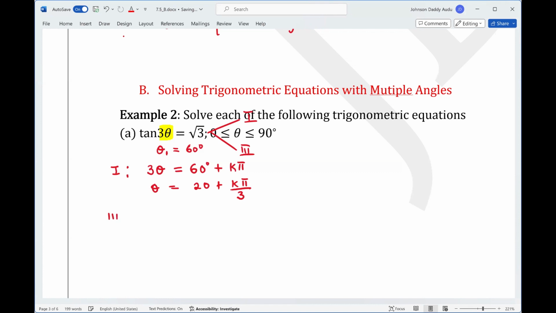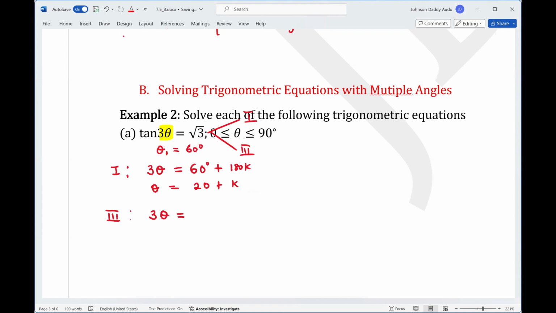But if you are in the third quadrant, our 3 theta now is going to be what? Remember, in the third quadrant, so let me not use pi here. Let's just use 180K. So it will be 180 divided by 3, which is just going to be 60.